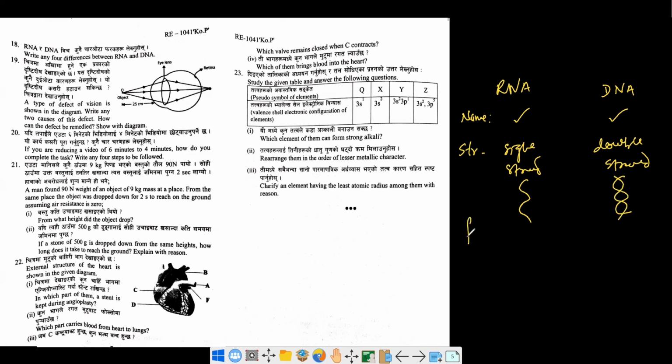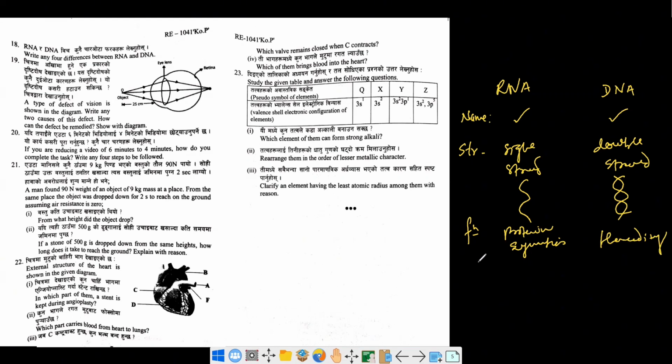Now let's talk about function. It does protein synthesis, which is essential for our body. Protein synthesis, and the transmission of genetic character, that is heredity. So its function is to carry heredity.